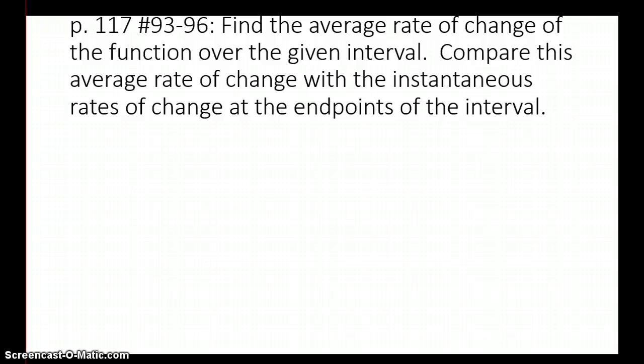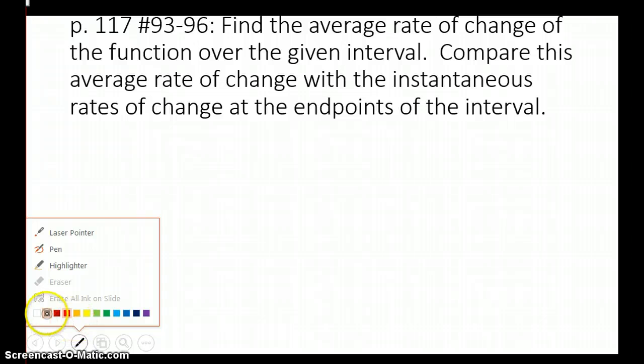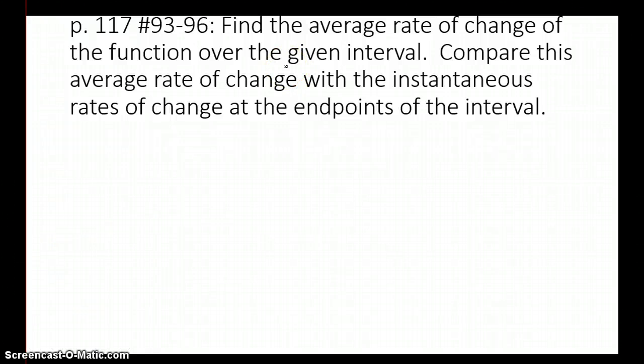Okay, so the last examples we're going to look at are from page 117 in the textbook, numbers 93 through 96, all of the same directions. So you don't need to write these down, just label this for yourselves. Find the average rate of change of the function over the given interval.